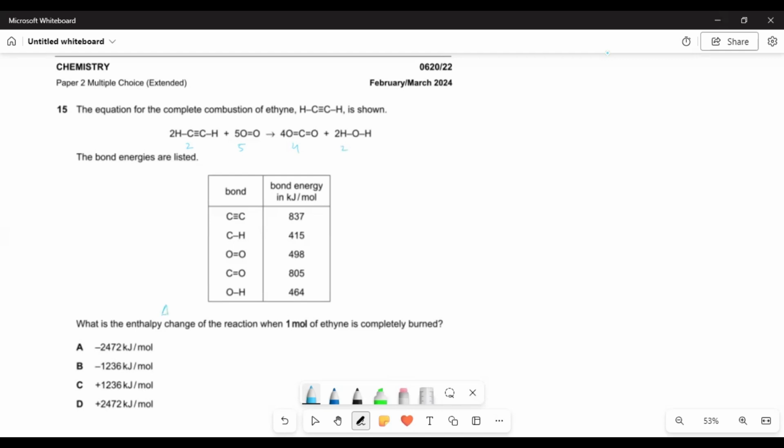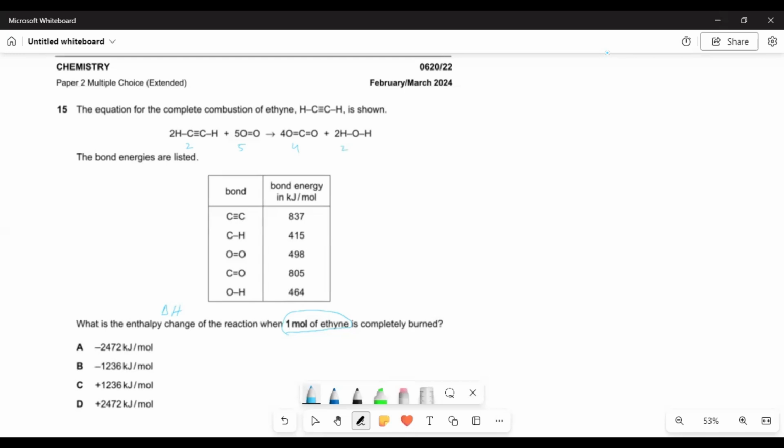Enthalpy change means delta H is to be calculated of the reaction. But when 1 mole of ethane, so actually it is for 2 moles, we have to calculate for 1 mole is completely burned. Okay, so this numerical needs calculation.